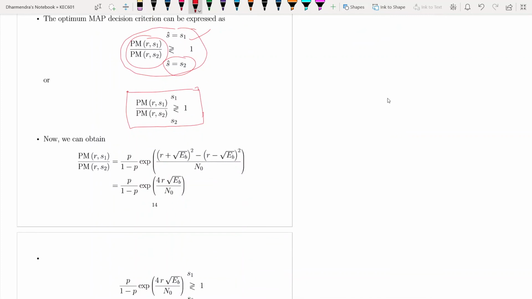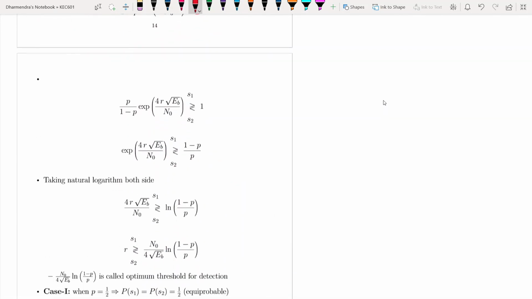Now we calculate this ratio. After substituting and simplifying, I will be able to get this. Now I will substitute this ratio in this case and rearrange. Take the natural logarithm on both sides and simplify.